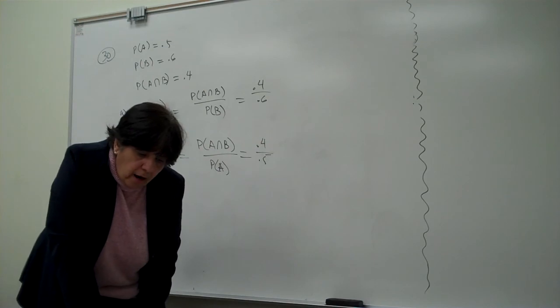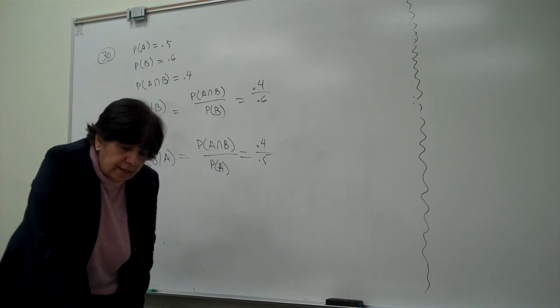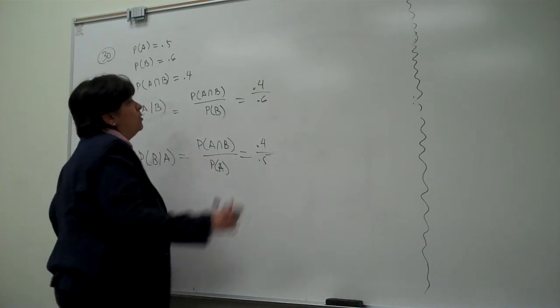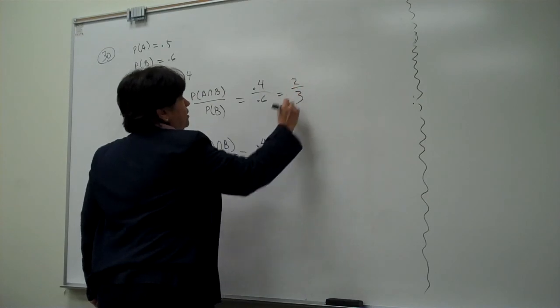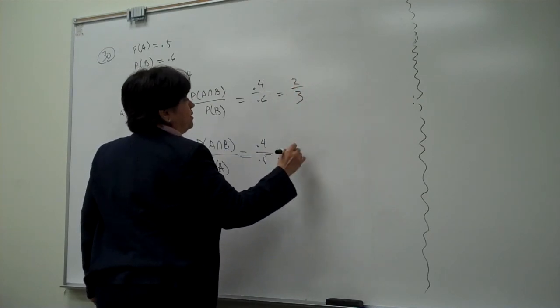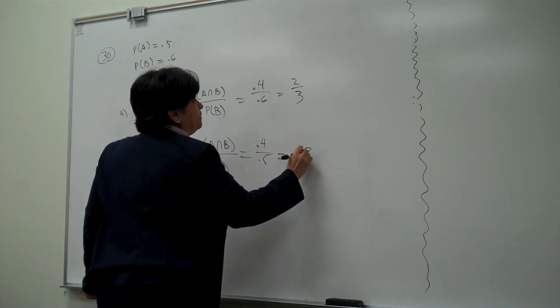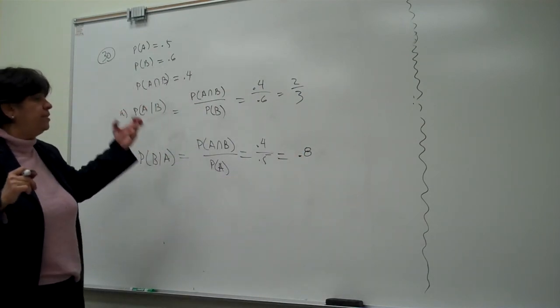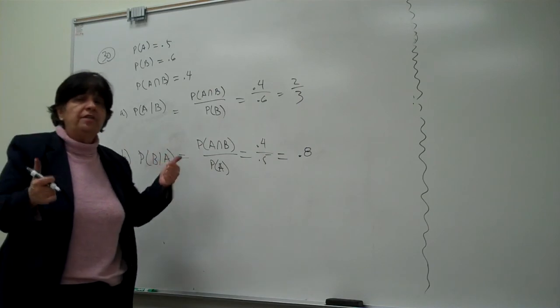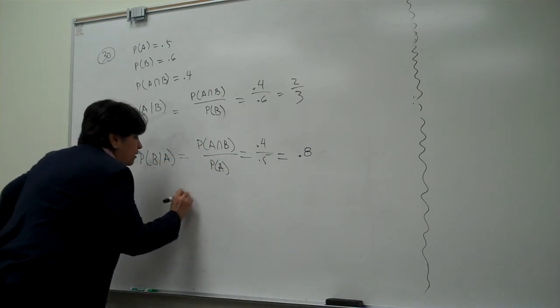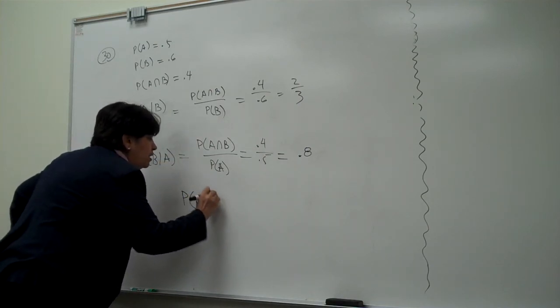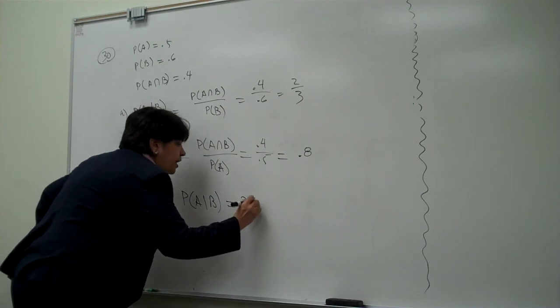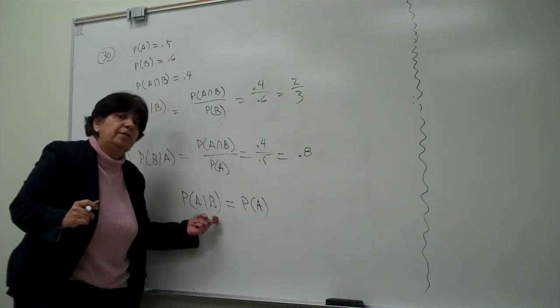And are A and B independent? Why or why not? This is 2/3 and this is 4/5, 0.8. Are A and B independent? The only way that two events are independent is if the probability of A given B is equal to the probability of A. That is the definition of independent events.